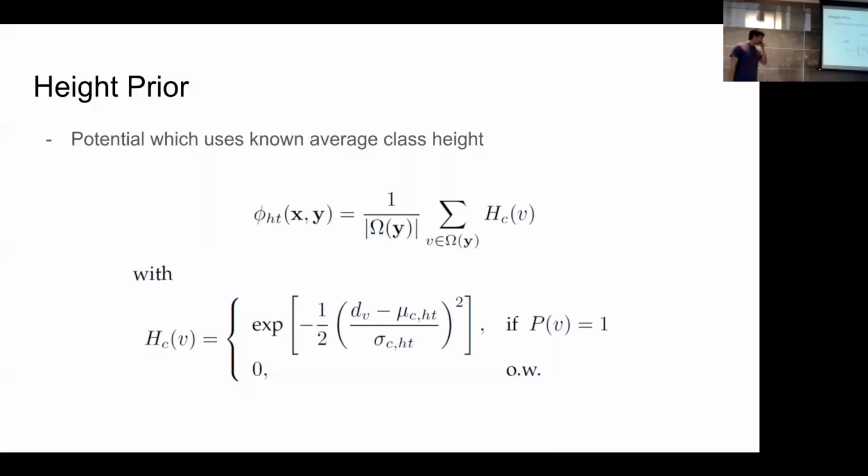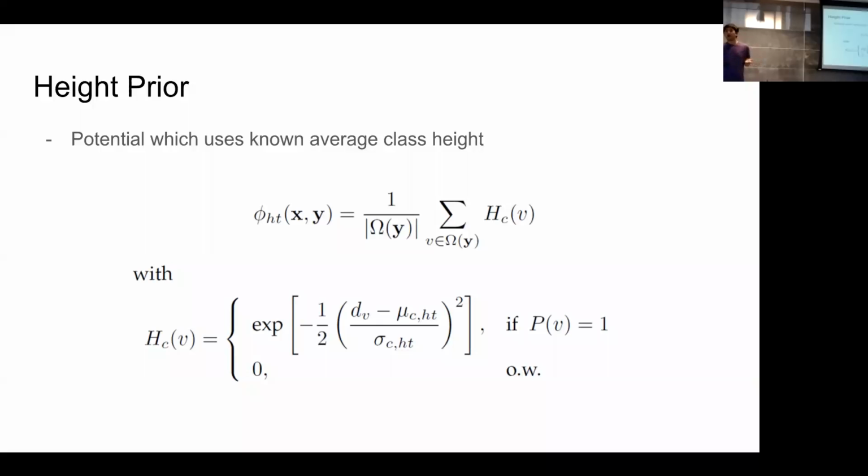Another potential term they use is the height prior, which is basically they first get an estimate of the mean and the variance for a normal distribution of the average class height of a car. That's what this information encodes. So basically, this term penalizes you for having a bounding box that is higher than the mean height of a class of a certain object.